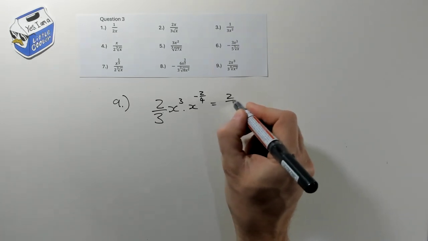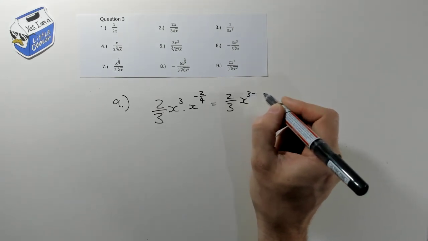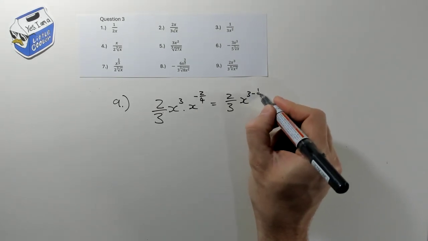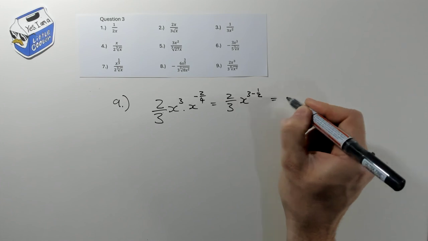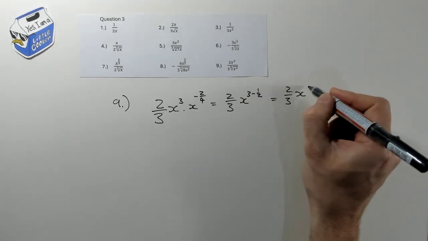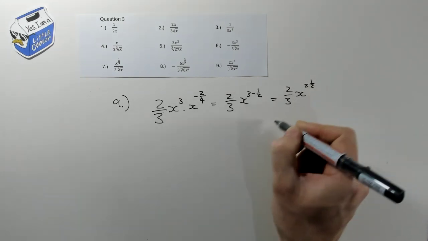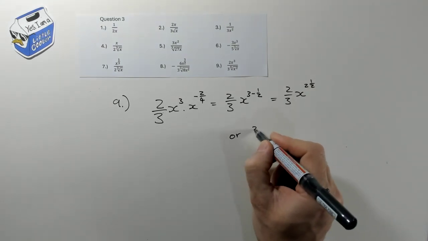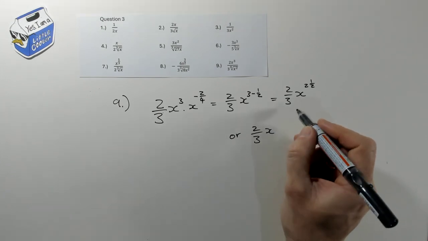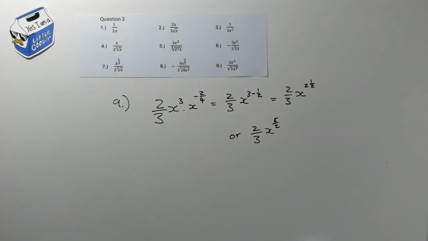So it's going to be 2/3 times x to the power of 3 minus, that's going to be a half, so that would be 2/3 x to the power of 5/2.